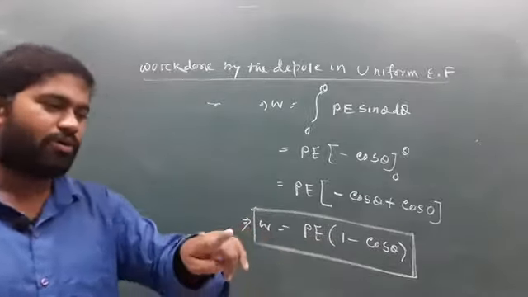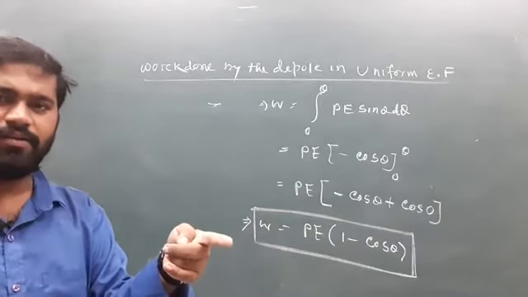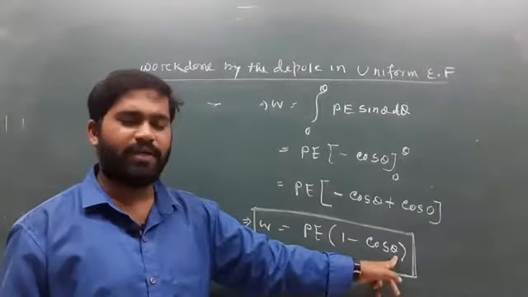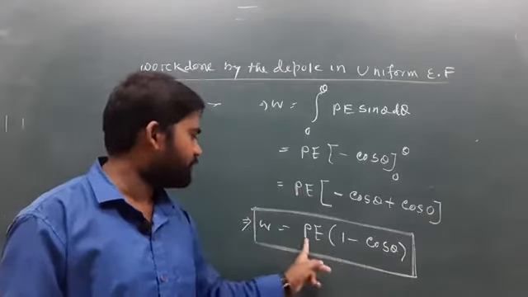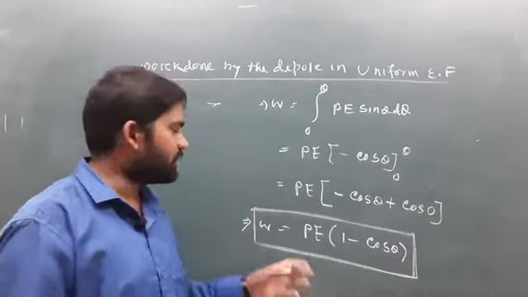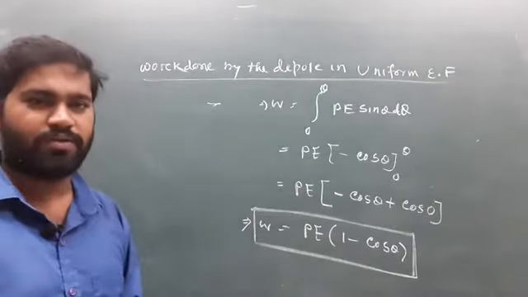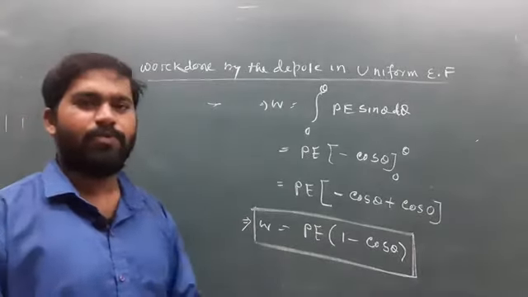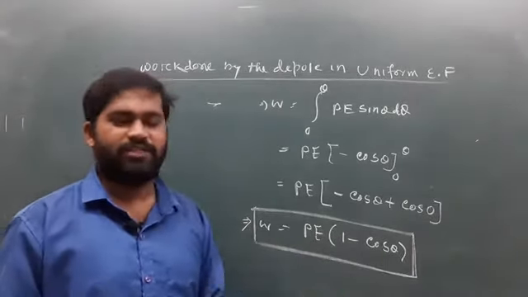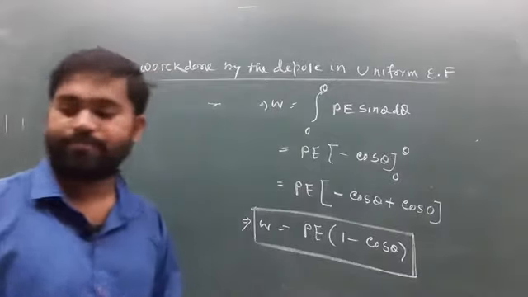If it rotates up to 180 degrees, cos 180 will be minus 1, so that will give 2 times PE. That case will be the maximum work. So, if theta is 180, then it gives maximum work. Understand?